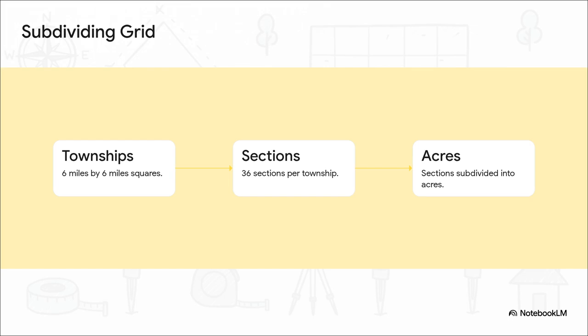Okay, so this breaks down beautifully. Step 1. Those lines every 6 miles create big squares called townships, which are 6 miles by 6 miles. Step 2. We zoom in further. Each township is chopped into 36 smaller squares called sections. Step 3. Those sections are subdivided even further into individual acres. So you start with a massive state grid and boil it all the way down to a specific acre.